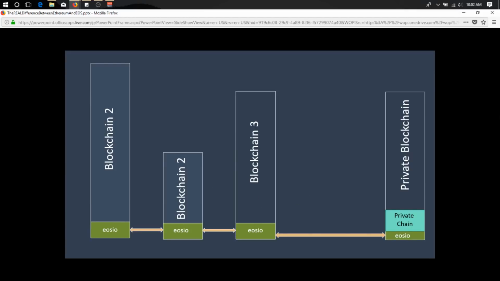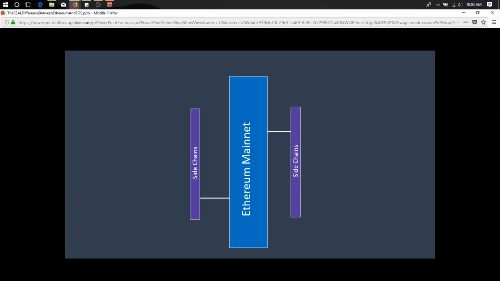Here's a quick graphic I drew showing the EOS blockchains. Here you have multiple different blockchains that can communicate with each other, and even private blockchains that have the ability to communicate with the public blockchains if they so choose to. Here's the Ethereum mainnet, which uses sidechains and other second-layer scaling solutions to scale, but still rely on a single Ethereum mainnet chain.